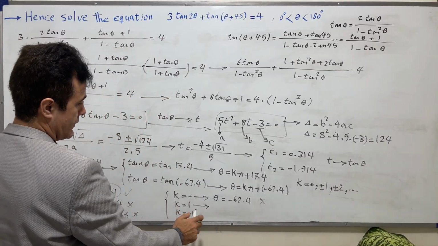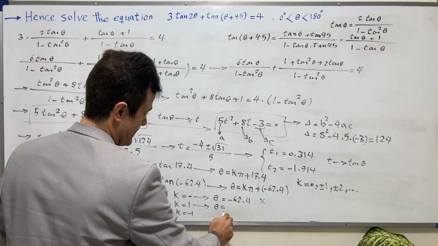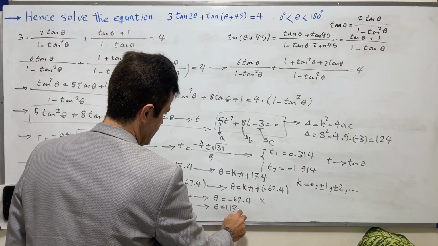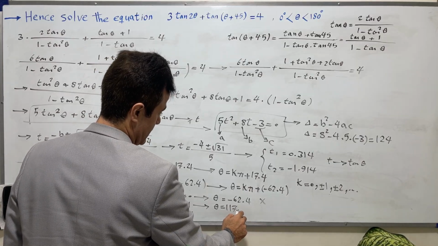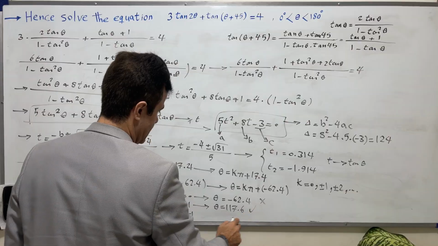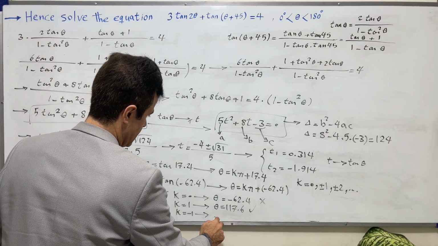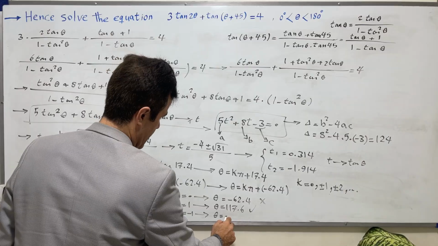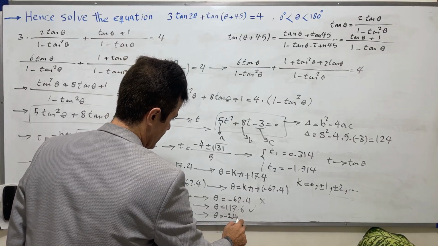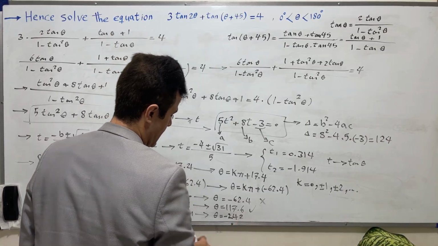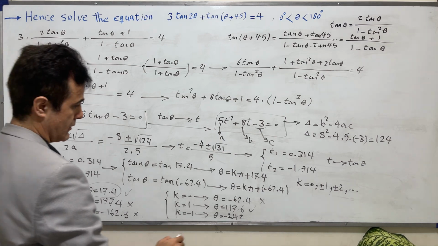K equals 1, θ is 117.6, which is valid, and k equals minus 1, θ is minus 242, and this answer is not valid.